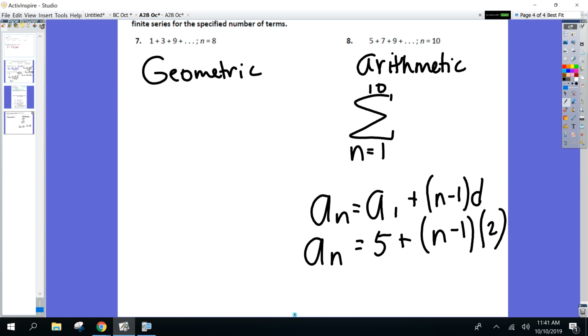Go ahead and clean that up. And you get 2n plus 3. And now you can plug that into your calculator and solve it. So once you do that, go back to the geometric and use the formula on your formula sheet.